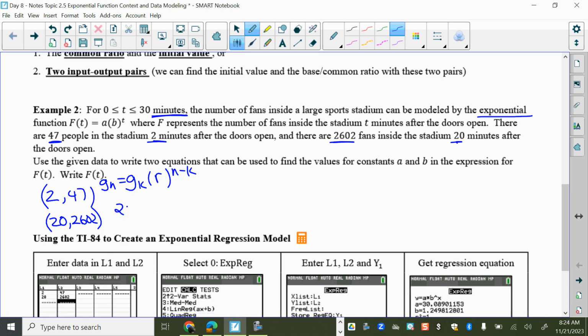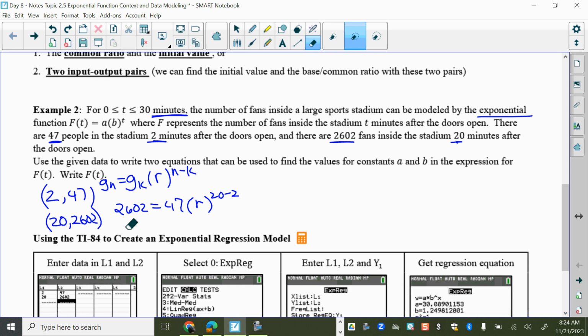So we're going to put 2602 equals 47. We don't know R, but I know that you multiplied by something a bunch of times to get from 47 to 2602. So up top, I'm going to have 20 minus 2. So obviously this is super gross, like 18th power, what the heck's that? But basically I have 2602. Oh, I didn't make enough space. All right, hang on a second.